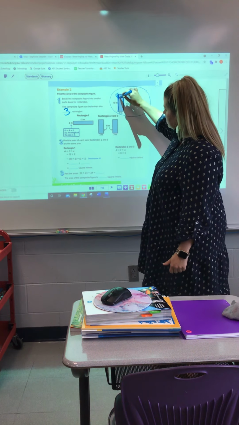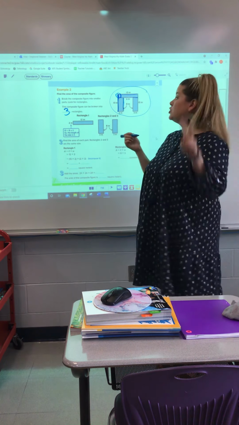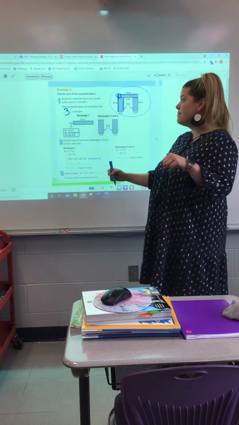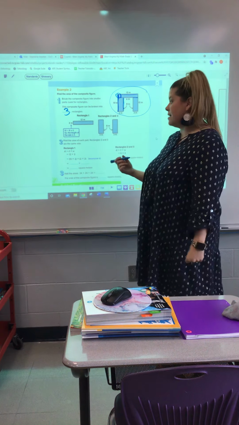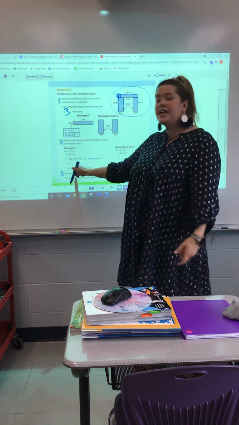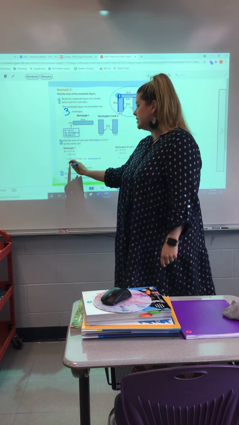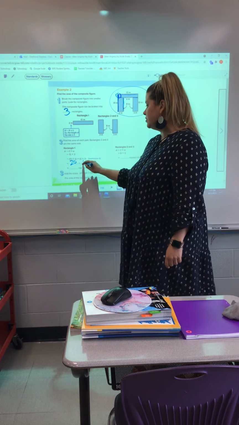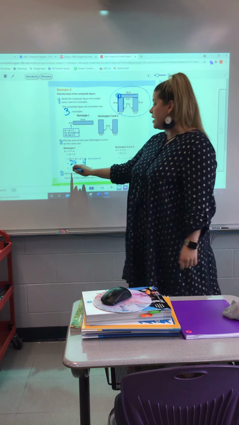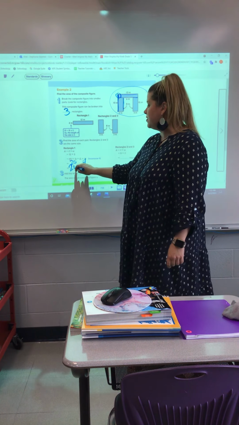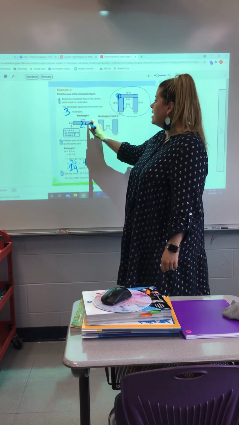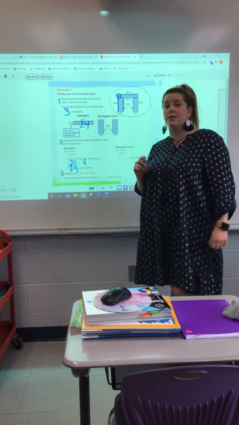So that means this little chunk of space right there is 2 meters, okay? So what is 12 times 2? Again, they broke it down into friendlier numbers. 10 times 2 is 20. 2 times 2 is 4. So that means, whoops, the area of this rectangle is 24 square meters.